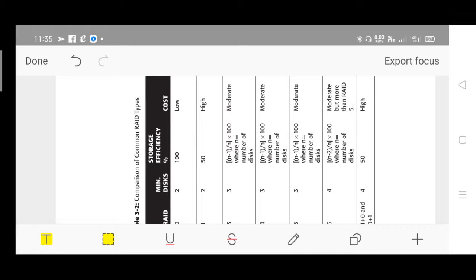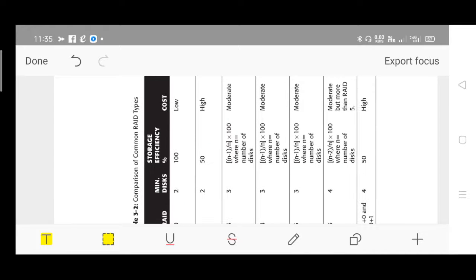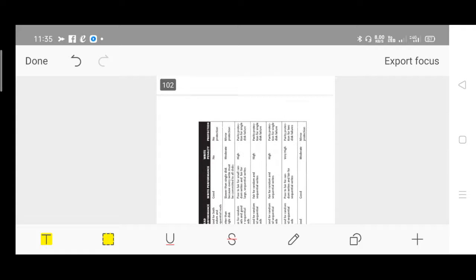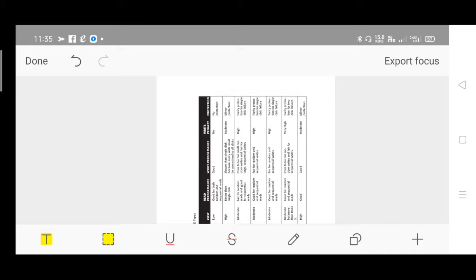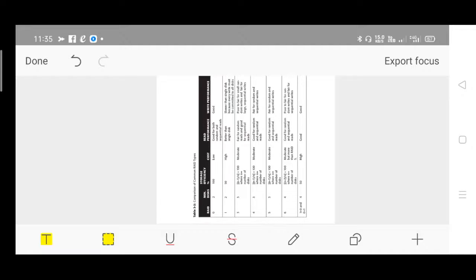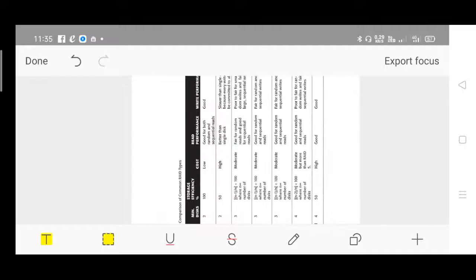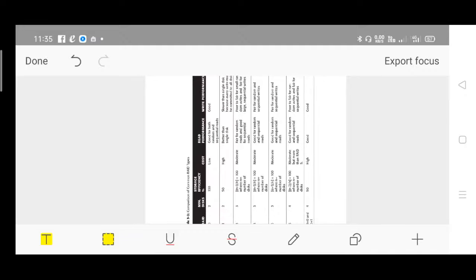Computation of the write penalty value, minimum number of disks required, everything is there. I'll try to take this in the form of an image. Let us go through them.